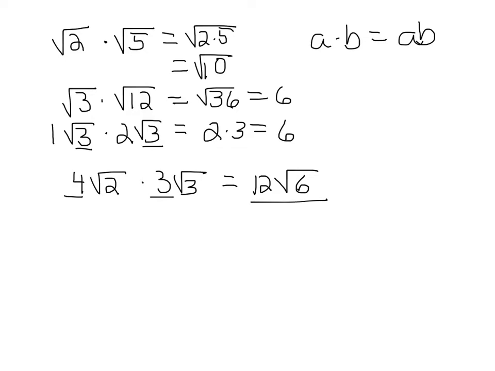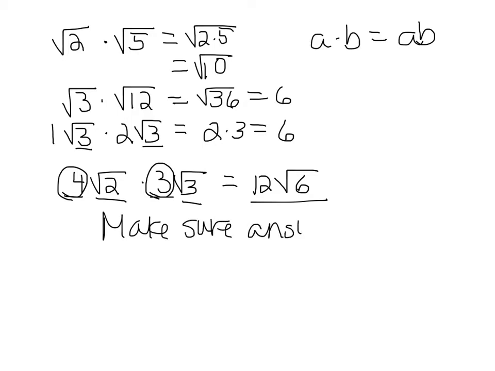So basically, just like with variables, you're multiplying the coefficients, and then you're multiplying the radicals, and then always make sure your answers are in simplest radical form.